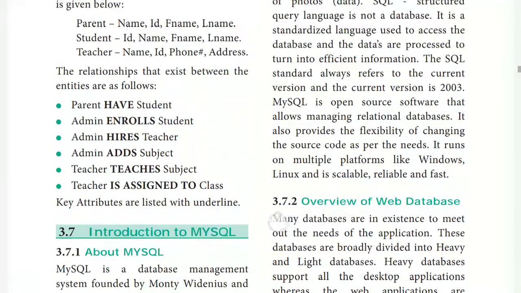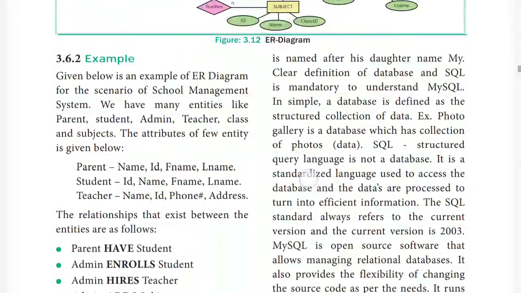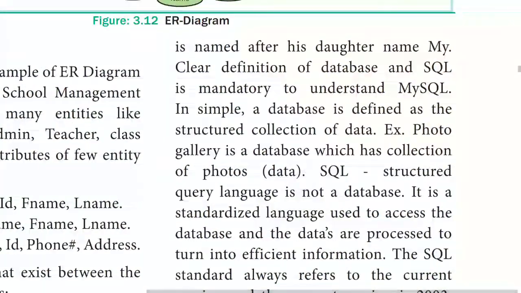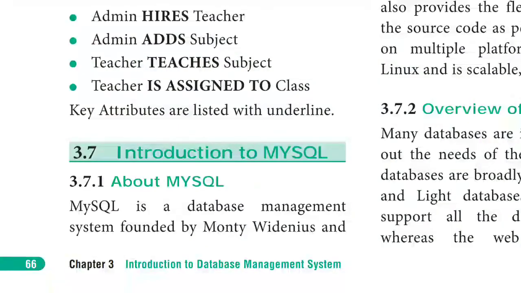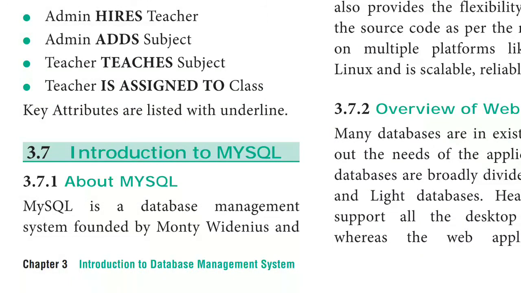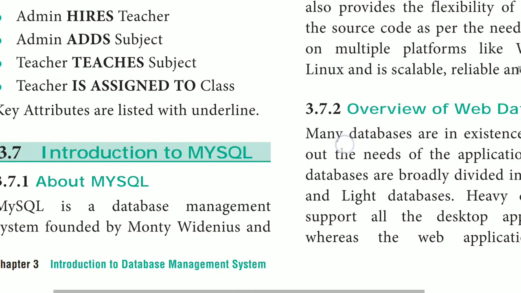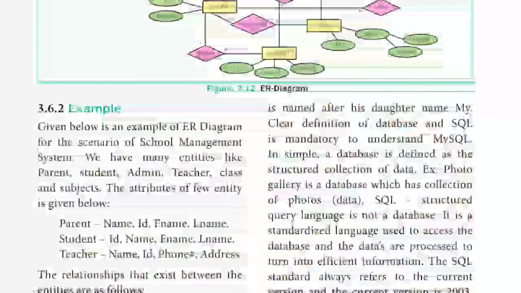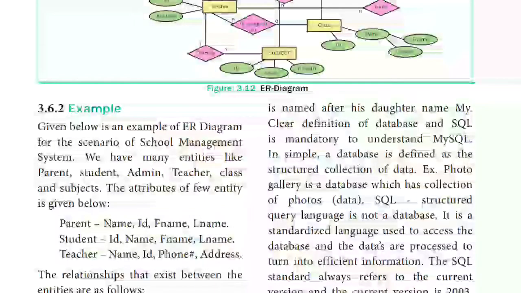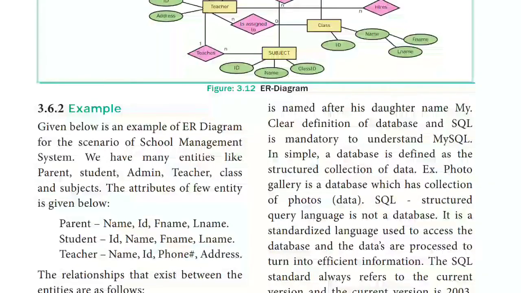So here you can see the detailed description of MySQL. MySQL is a database management system founded by the person Monty Widenius. Okay, and it is named after his daughter named Michaeline.